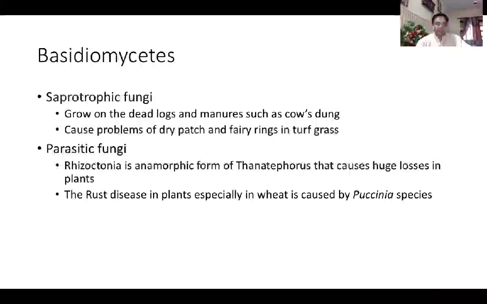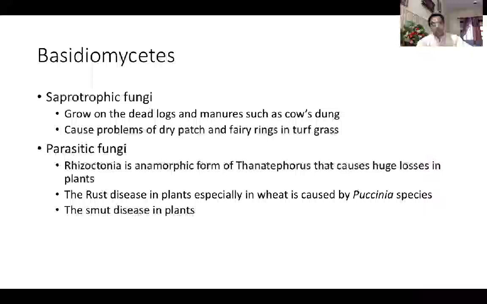Then another important group of pathogens is known as rust. Rust causes problems in diverse plants, especially in cereals. They cause important losses. And rust is caused by Puccinia species belonging to Basidiomycetes.